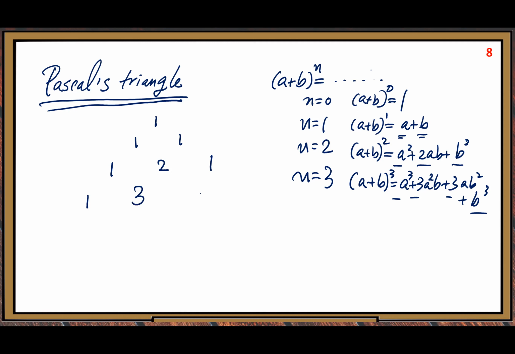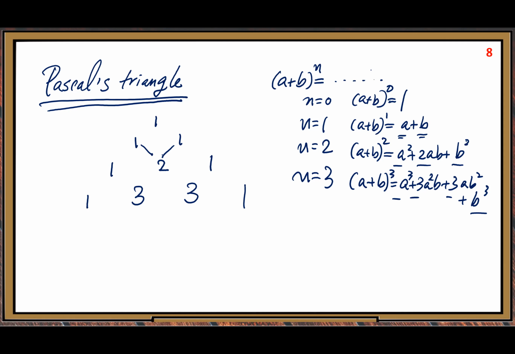With these examples, you can find this property: every number, for example 2 here, is just the sum of the 2 numbers on its shoulders on the previous, higher level.